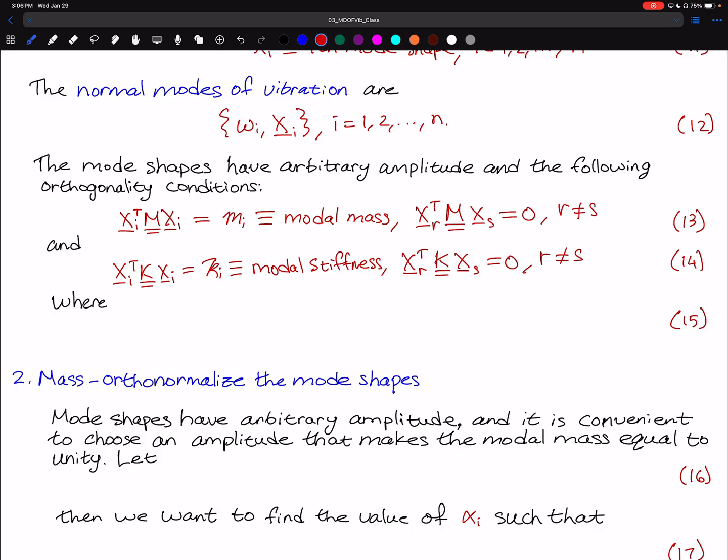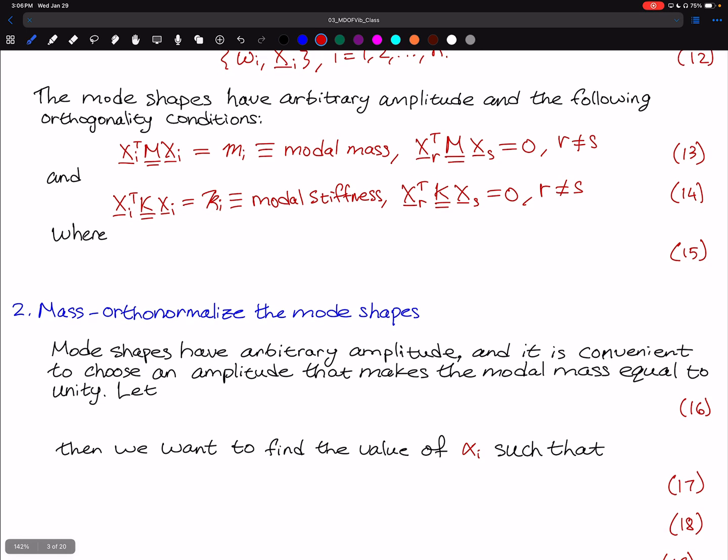And the nice thing about this is that if you compute the fraction, script k_i divided by script m_i, or the modal stiffness divided by the modal mass, this is equal to the natural frequency squared.